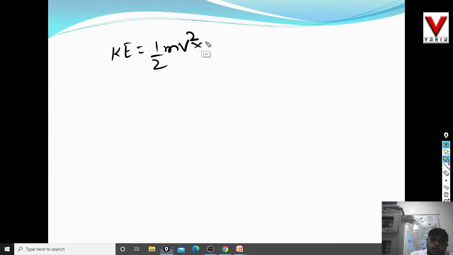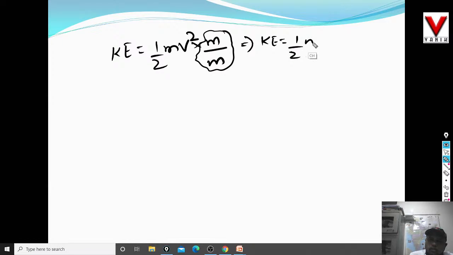If I multiply by m and divide by m, this can be written as half into m square v square by m, or half into mv whole square by m.